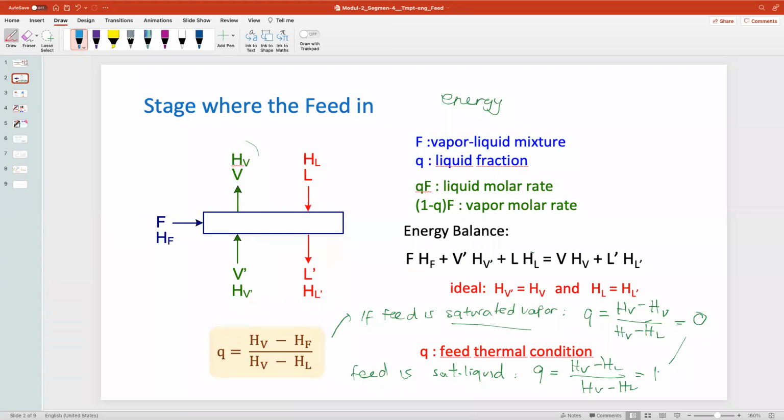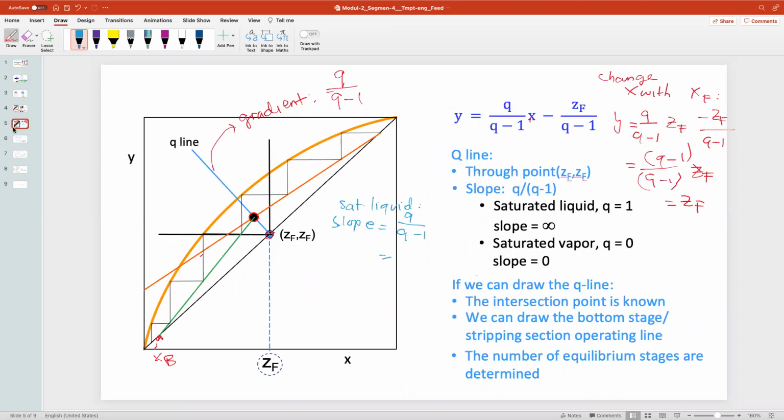It is 1, ma'am. Yes, Q is 1. So the slope is 1 divided by 1 minus 1. That is equal to? Undefined, good. So if the slope is undefined, it is a vertical line.